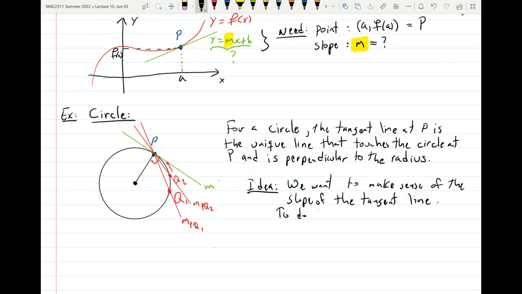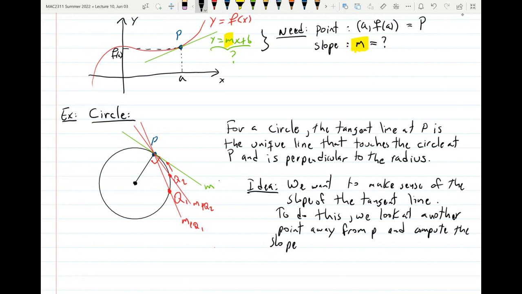So to do this, we look at another point away from P, and compute the slope of the secant line PQ.